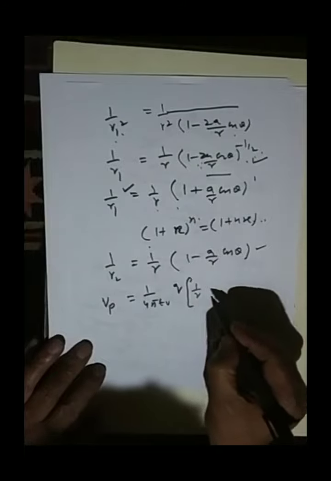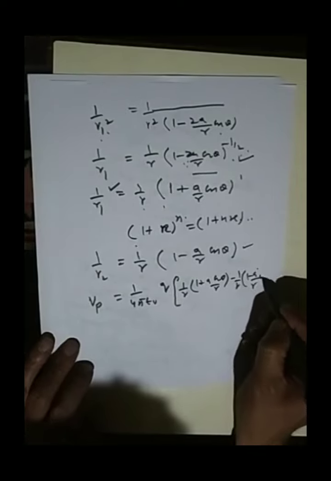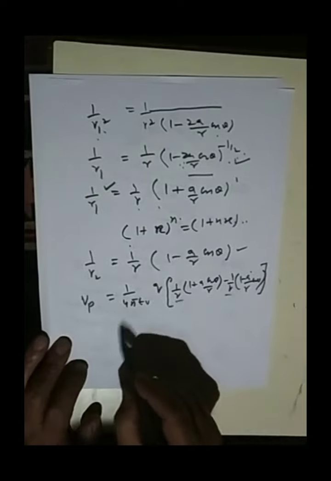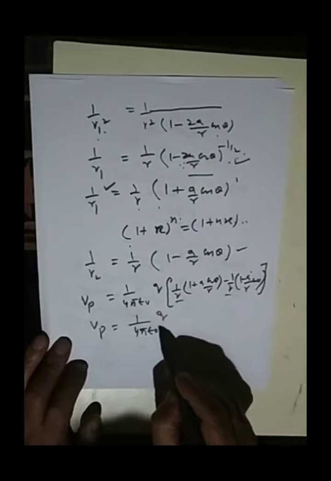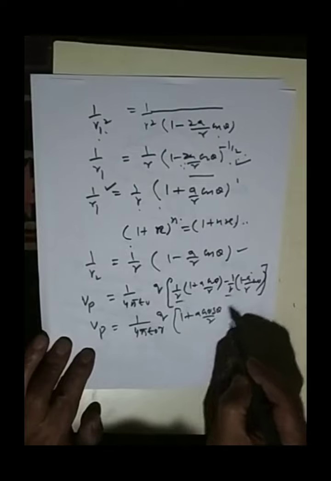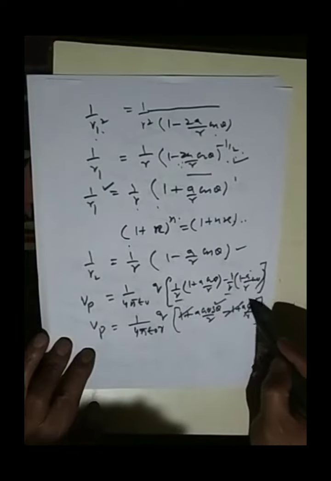So it will be 1 by R into 1 plus A cos theta by R minus 1 by R into 1 minus A cos theta by R. So we take R outside, it will be Vp equal to 1 by 4 pi epsilon 0 R into 1 plus A cos theta by R minus 1 plus... the minus 1 and plus 1 cancel, and these two terms get added.